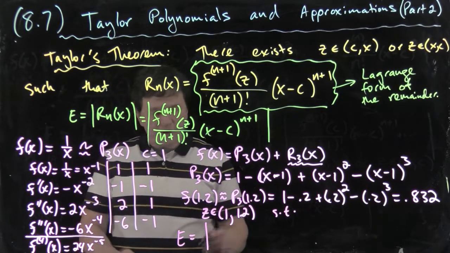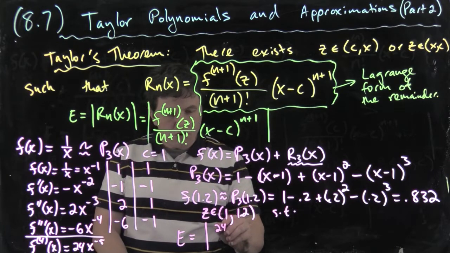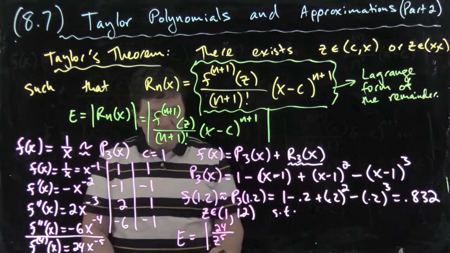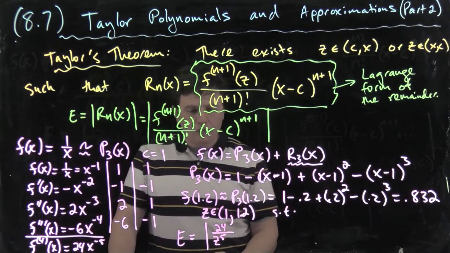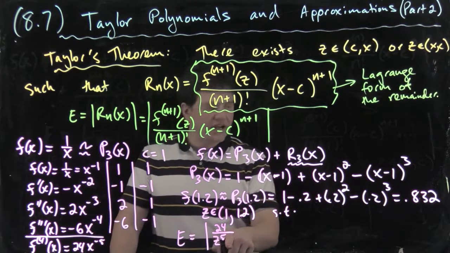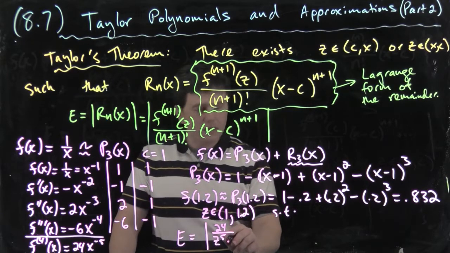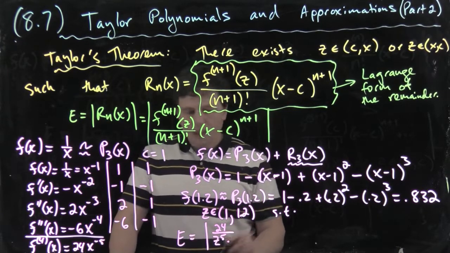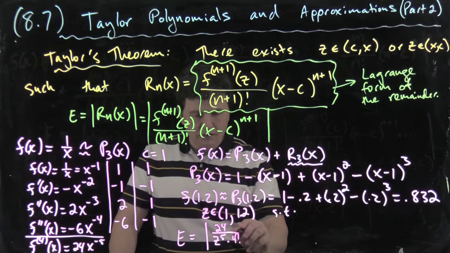So our next derivative here, which I'm going to call 24 over z to the fifth, so I'm moving that to the denominator. We're dividing it by the next factorial, so that would be times 4 factorial in the denominator.